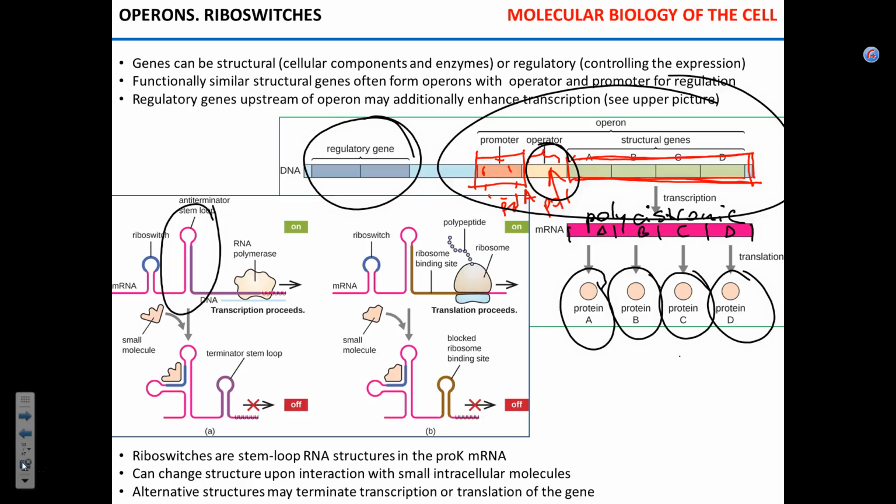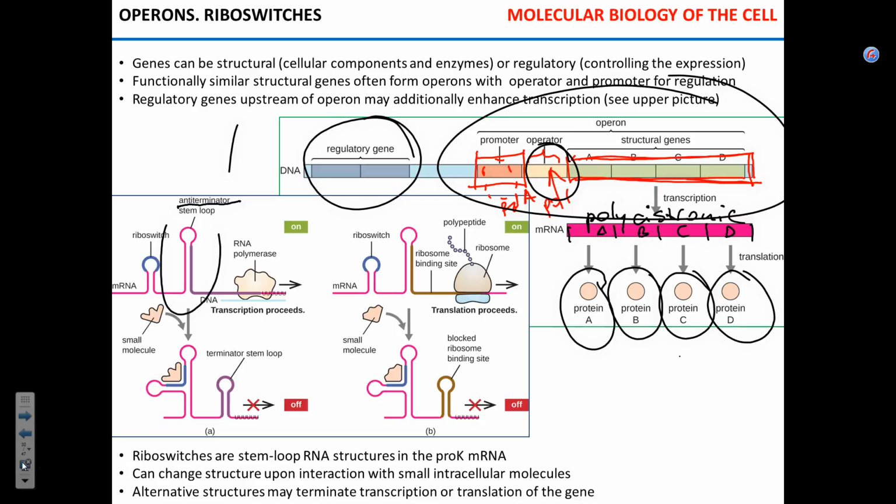So these structures often regulate whether transcription or translation can or cannot occur. So this is the example when a special structure called anti-terminator allows RNA polymerase to transcribe a gene.